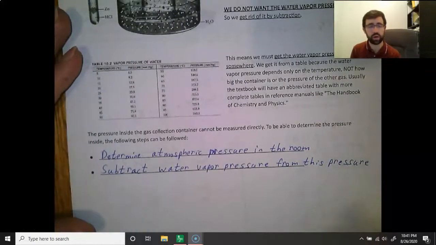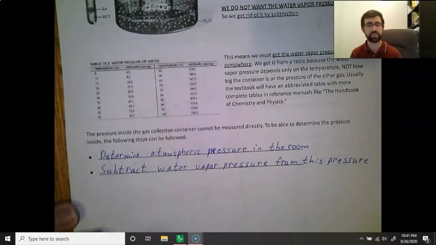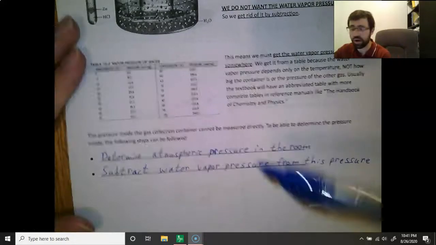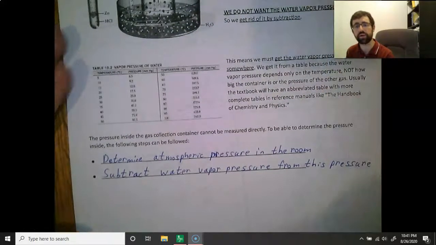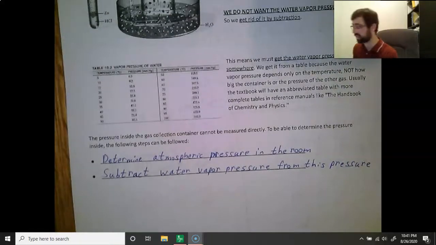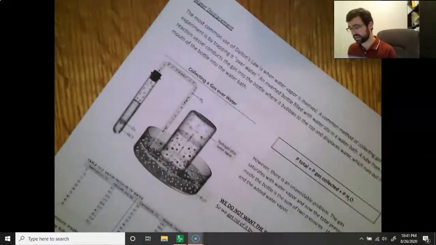Okay, so we find the water vapor pressure in a table, and we subtract that number from the atmospheric pressure in the room. We can also measure the volume of the gas, and when we measure the volume of the gas, we can learn other things like the number of moles that are in the container.